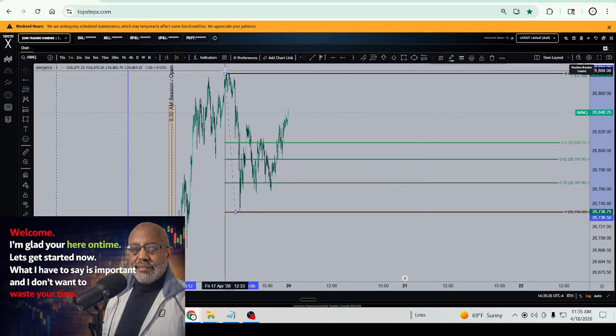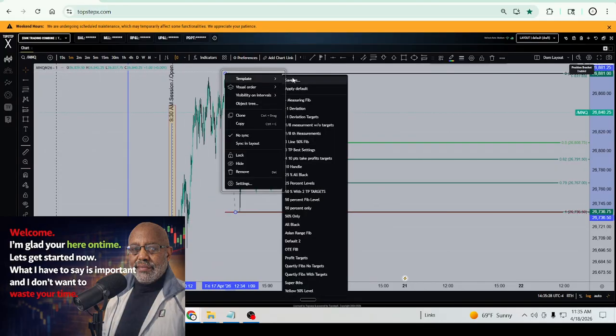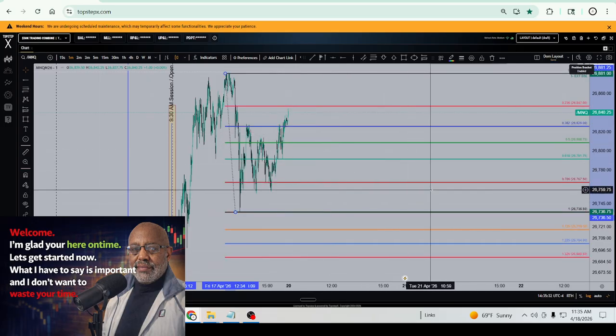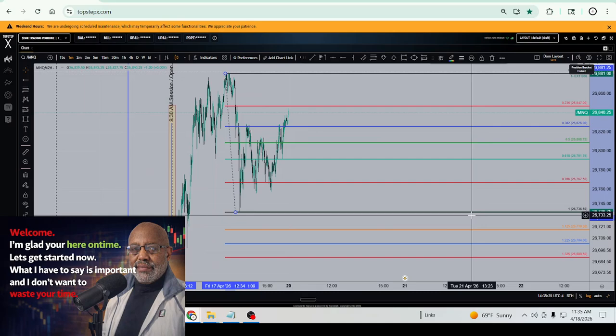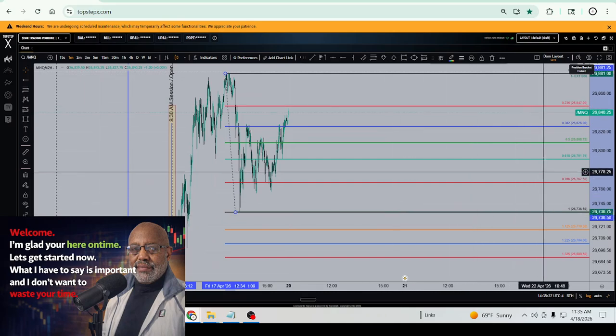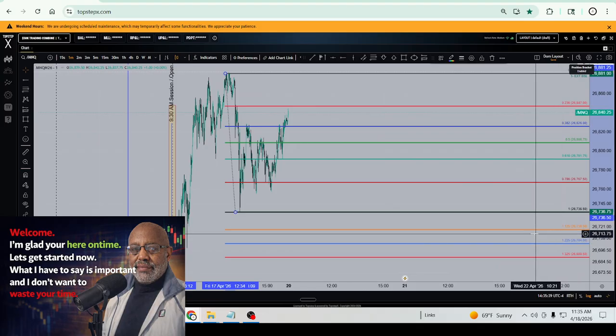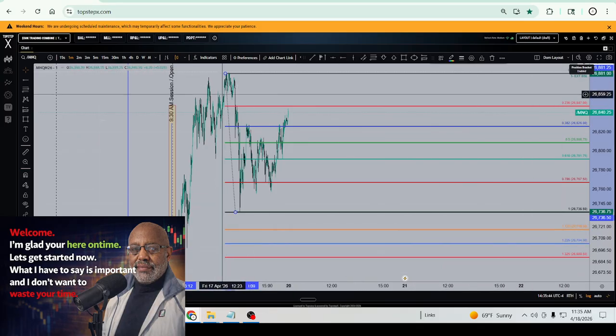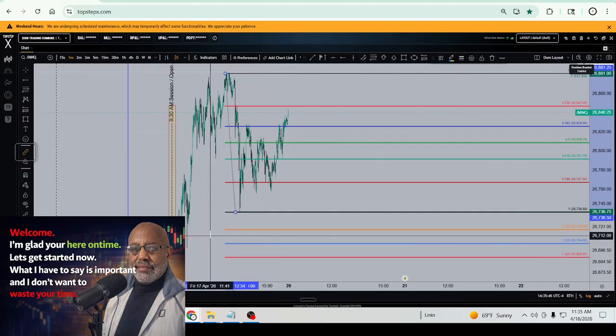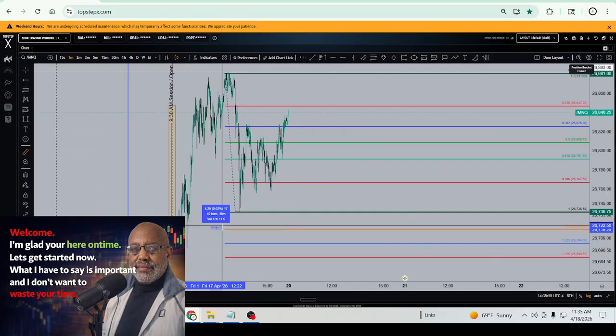I have another Fibonacci tool. I have it in ACE, and it looks like that. Here are your standard deviations here. And this particular one, I have each one of these measured out. I believe it's 10, 15, 15, 14, 10 handles, because this will be my target profit areas.